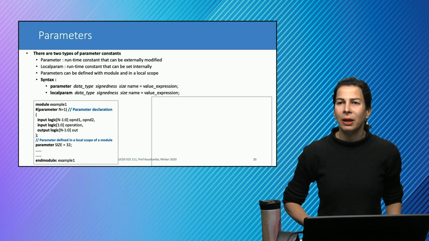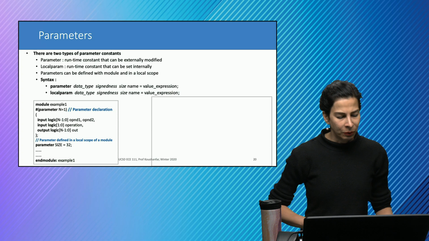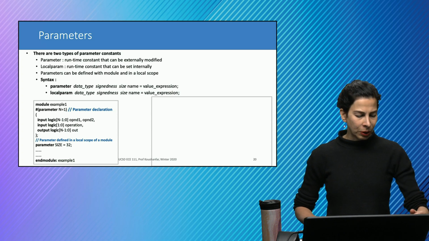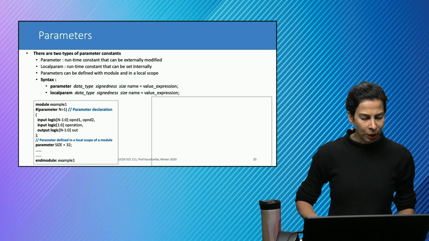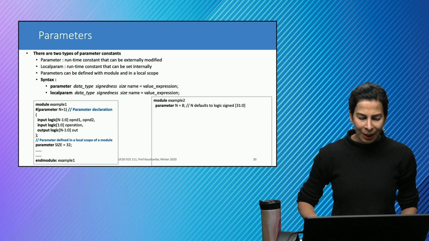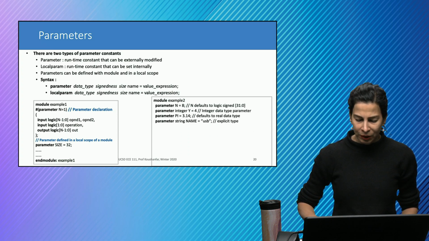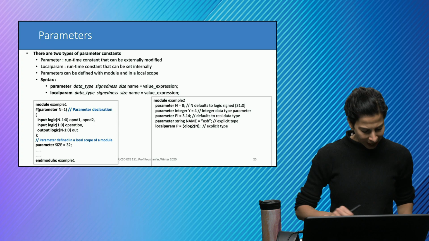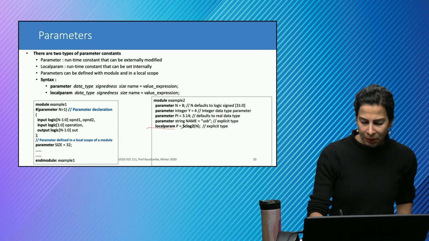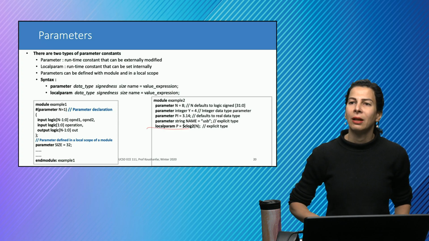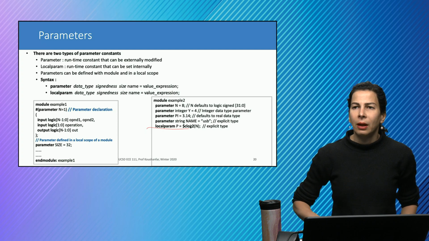Here is another example where we have a parameter n1, and we go through the logic. Now in this other example, we define the parameter by these values, and you could also have local parameters here, as can be seen.